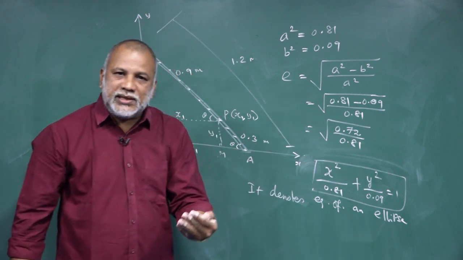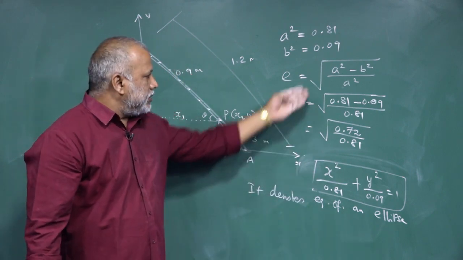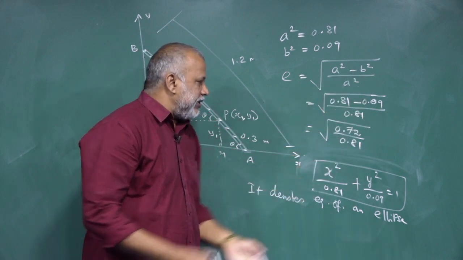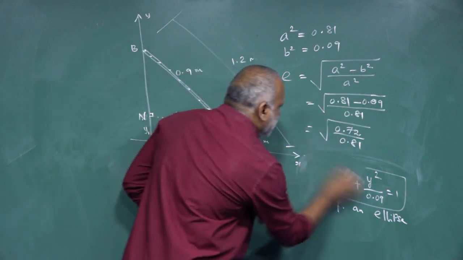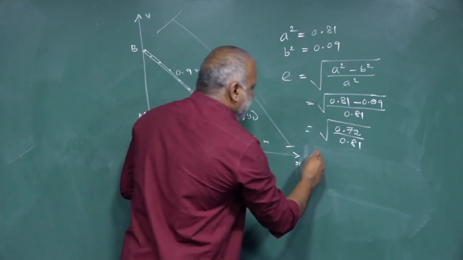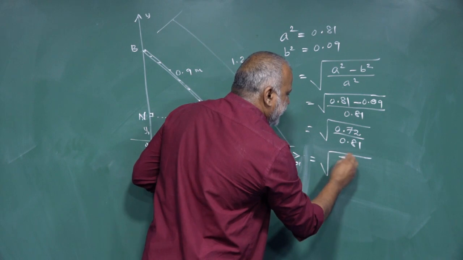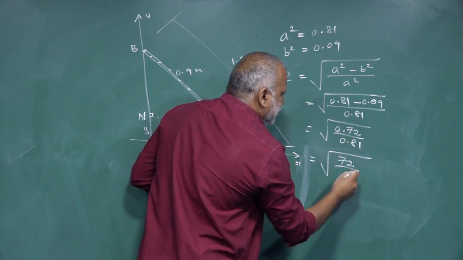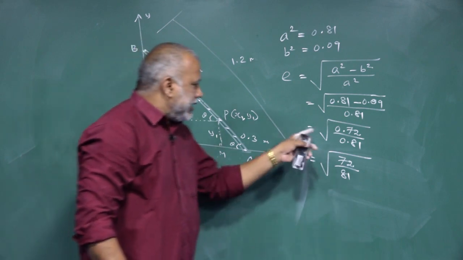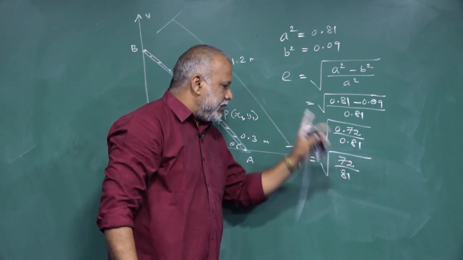The second question asked is to find the value of e. So the square root of a squared minus b squared by a squared, substitute and simplify, we get 0.72 divided by 0.81. For our calculation, multiply by 100 divided by 100, so I can write 72 divided by 81.